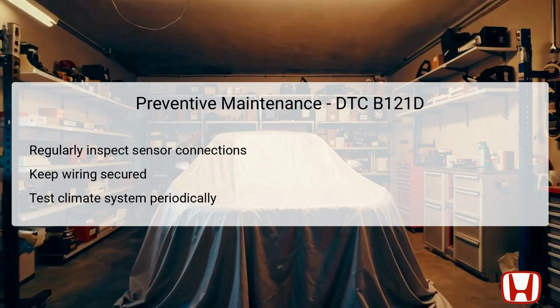Additionally, keeping wiring secured and protected from environmental factors can further enhance their longevity and reliability. It is advisable to periodically test the climate control system's functionality to ensure it remains operationally sound. Forming a habit of these preventive checks can mitigate future complications and enhance overall vehicle performance.